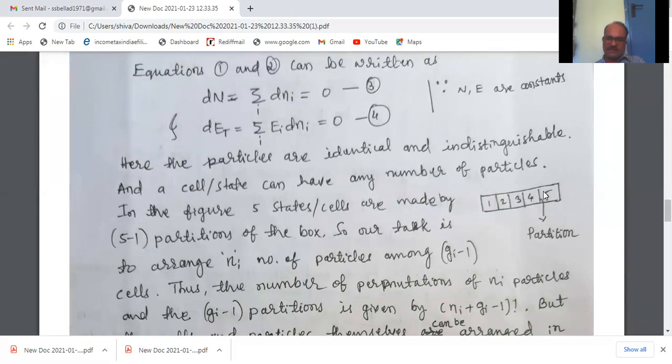Our task is to fill up these partitions with the particles. In general, our task is to arrange ni number of particles among the gi minus 1 cells or partitions.